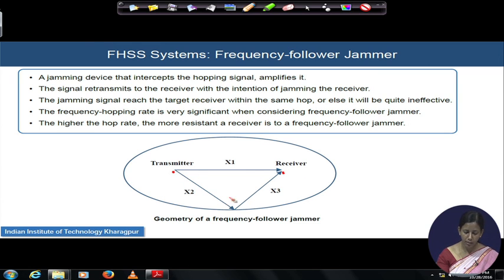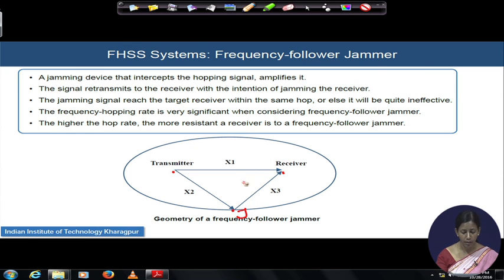However, this is the location where my jammer is sitting, and as it is wireless communication, the jammer is in the range of this transmitter, and he can hear whatever is getting transmitted on air. The jamming device can intercept the hopping signal, amplify the received signal, and retransmit it, so that it actually reaches the receiver.